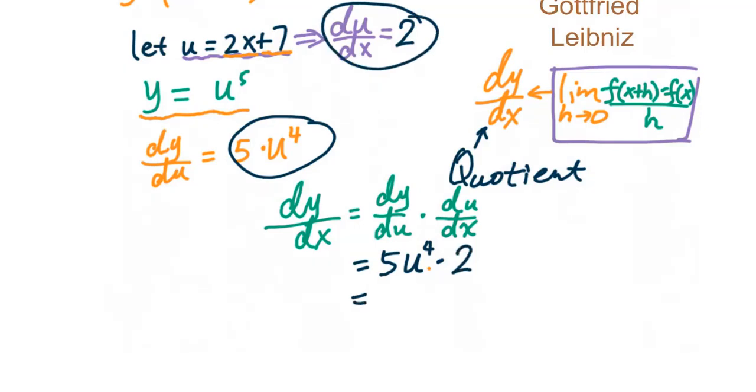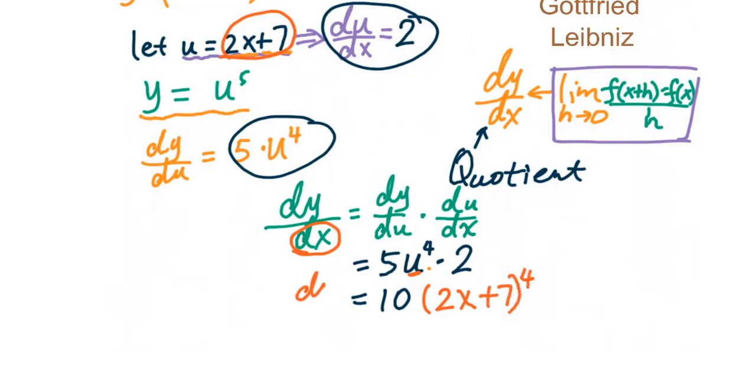So I organize: 5 times 2 is 10. Since my independent variable is x, I change this u into 2x plus 7, to the 4th power. Then this will be the derivative for the problem.